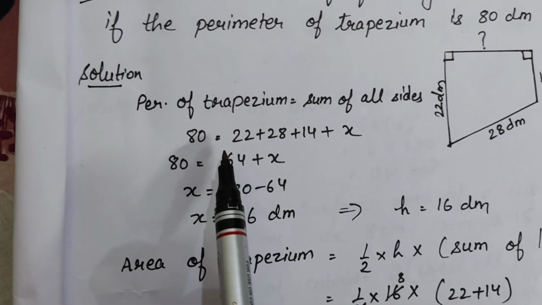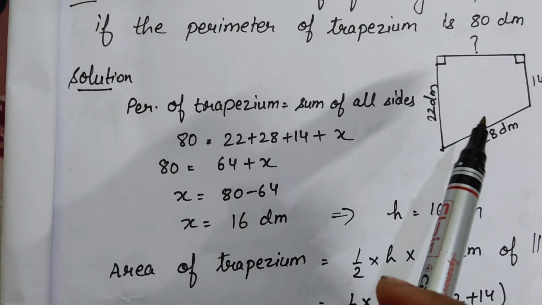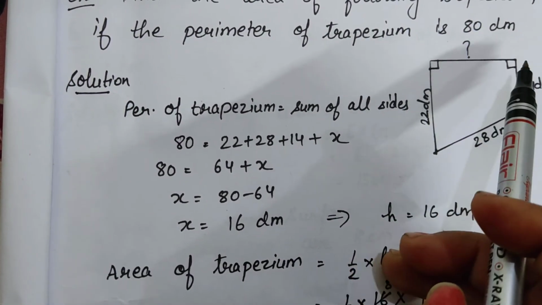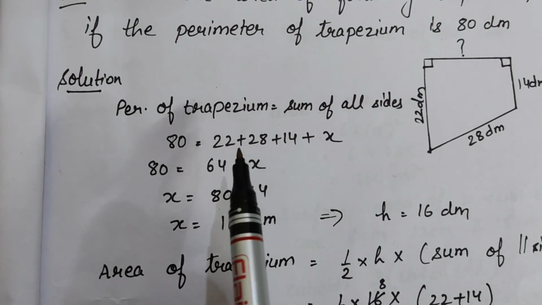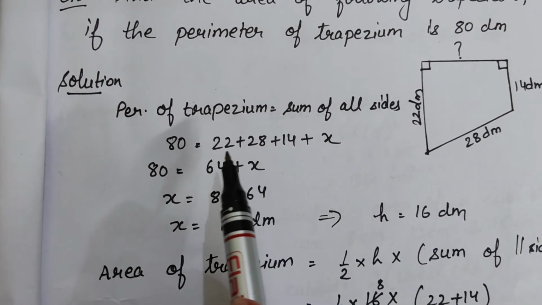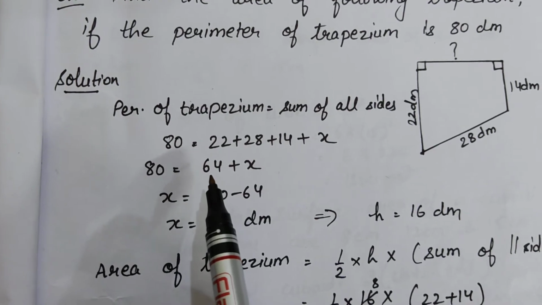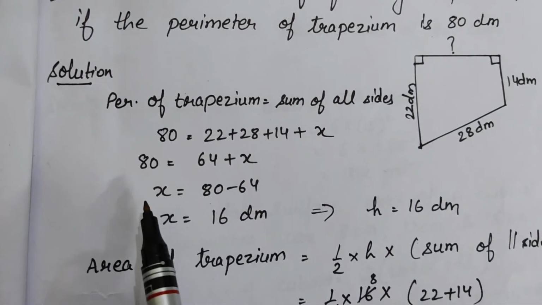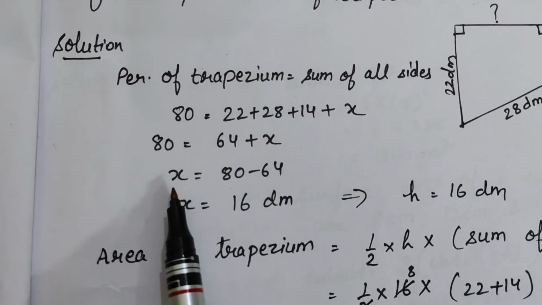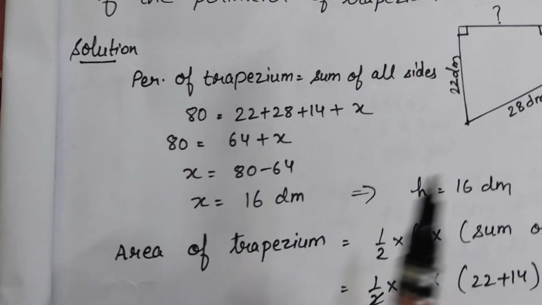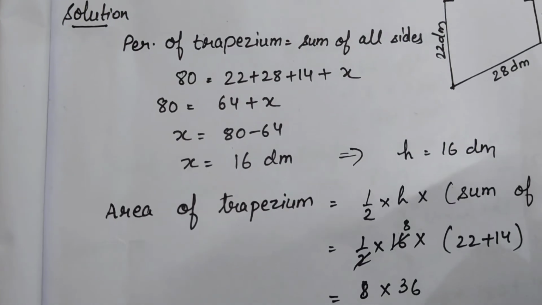So 80 is equal to 22 plus 28 plus 14 plus x, where x is the height. Sum of 22, 28 and 14 is 64, so 80 is equal to 64 plus x. Now after transposing, x is equal to 80 minus 64. So x is equal to 16. That means h is equal to 16 dm.